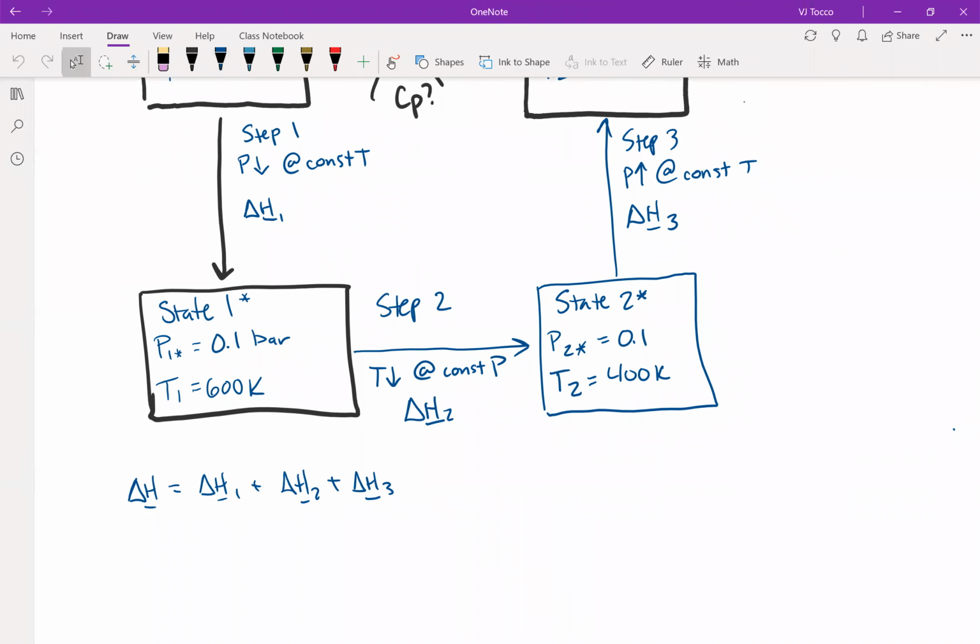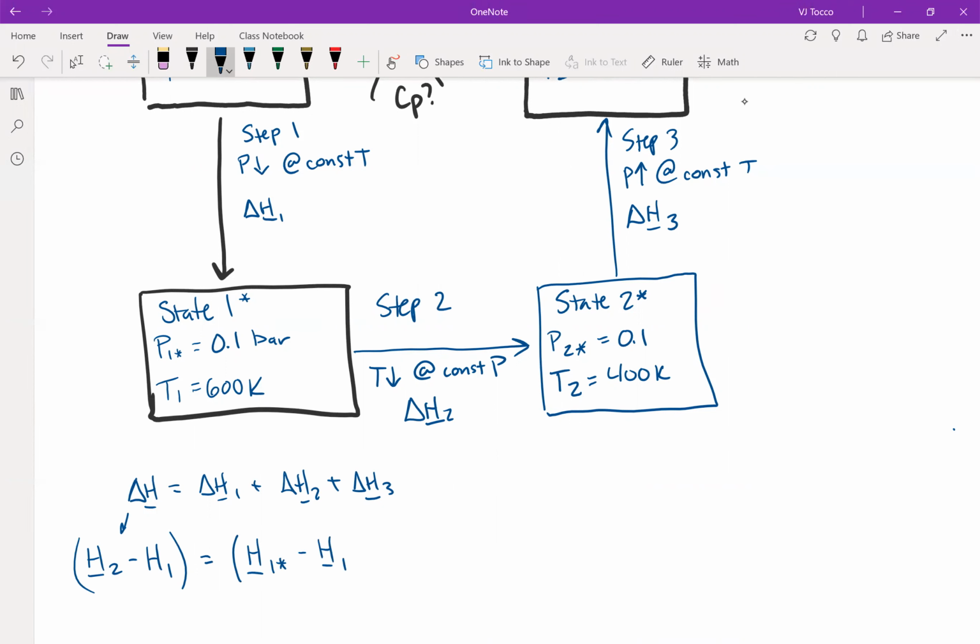So real quick, I want to illustrate that these things are equivalent if I write them a little bit differently. Delta H is going to be the change in enthalpy from state 1 to state 2. And delta H1 is going to be the change in enthalpy from state 1 to state 1 star, so it's going to be H1 star minus H1.